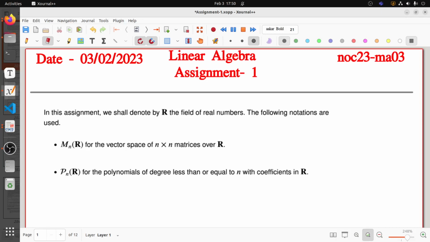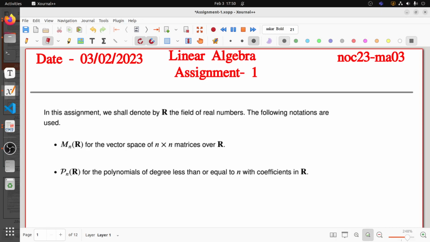The determinant of a polynomial is defined like this: if p is a naught plus a1x plus a2x squared plus a3x cube, then a naught will be the determinant. So we have to check whether p1 plus p2 is in W or not.